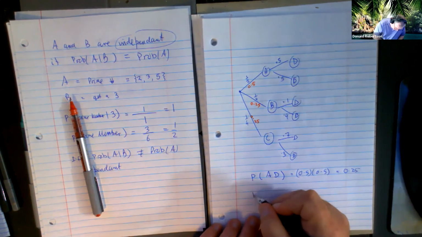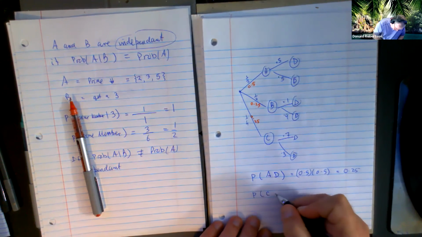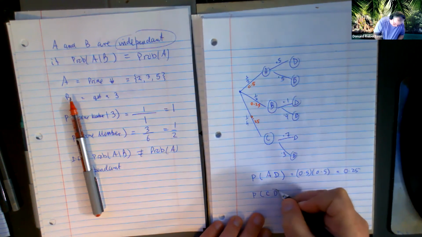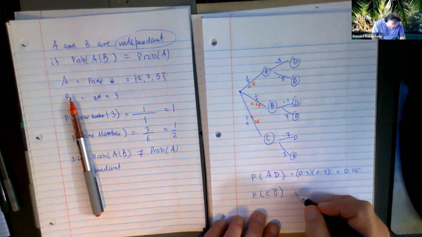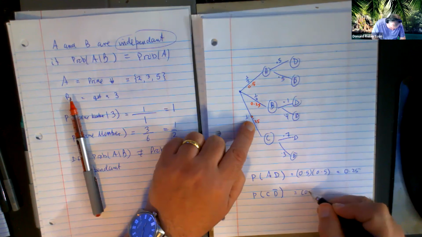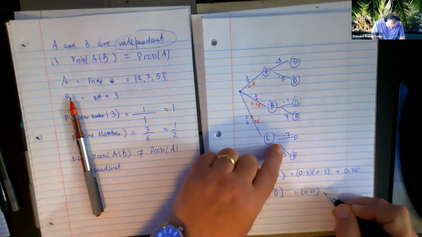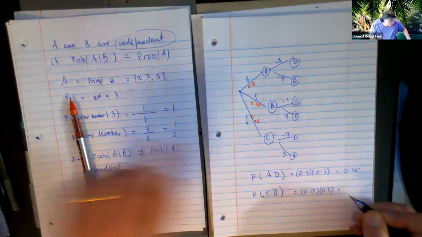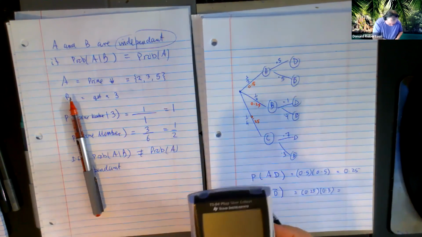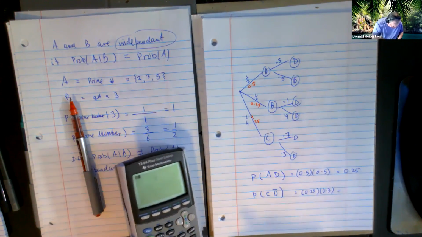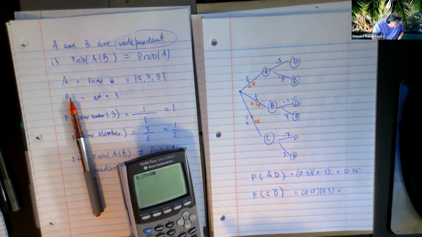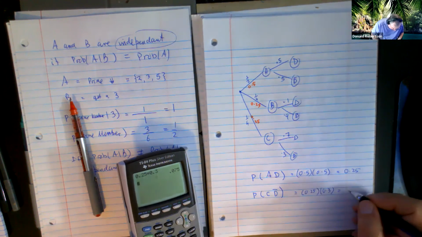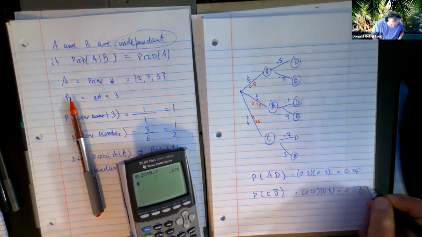If I said to you, what's the probability of a C followed by the complement of D? It would be a 0.25 times a 0.3. 0.25 times 0.3 is 0.075.